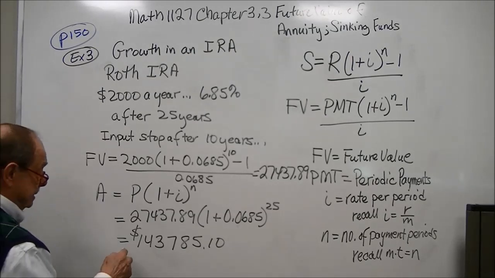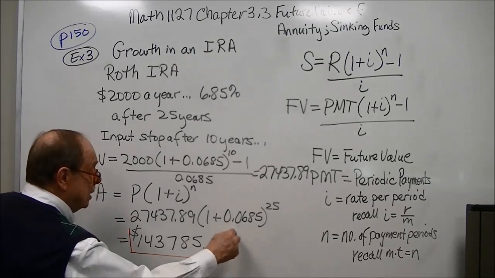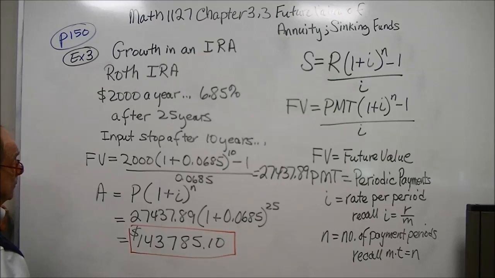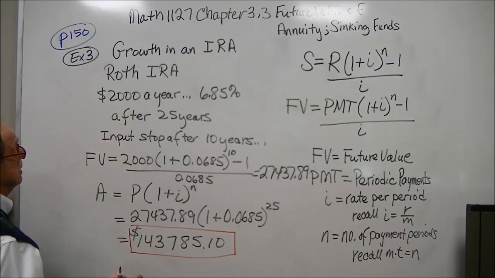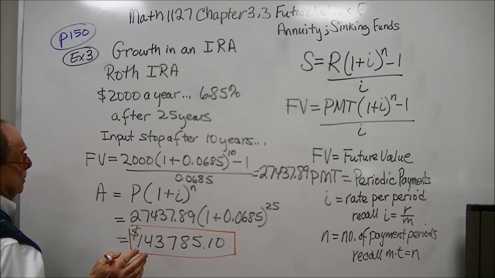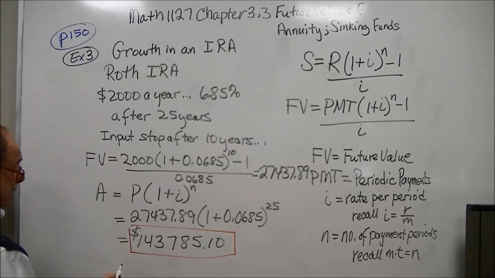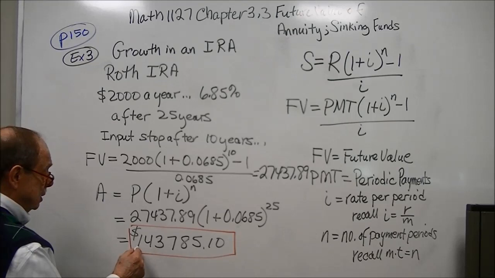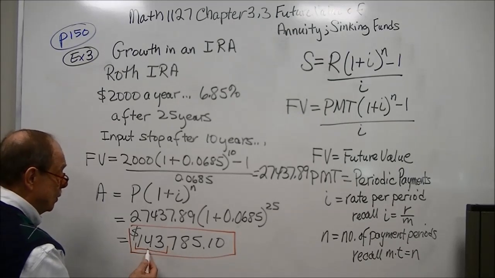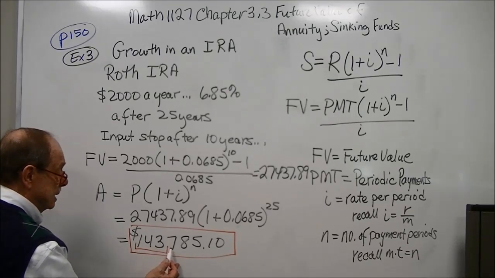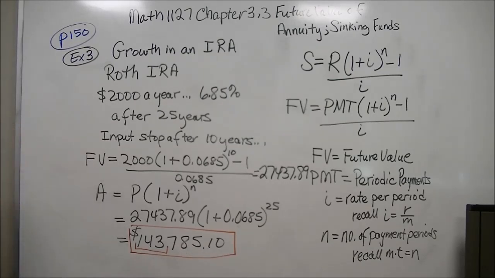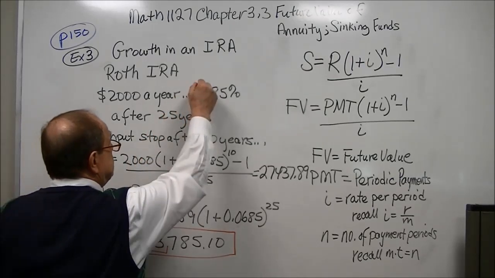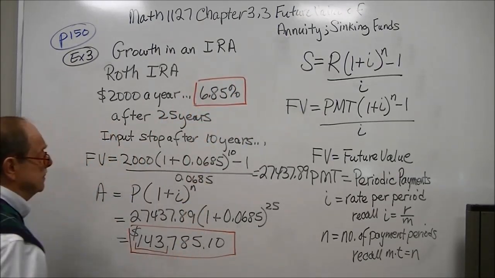He now has in his Roth IRA, from only investing $20,000 at a young age, it has grown to $143,785.10.